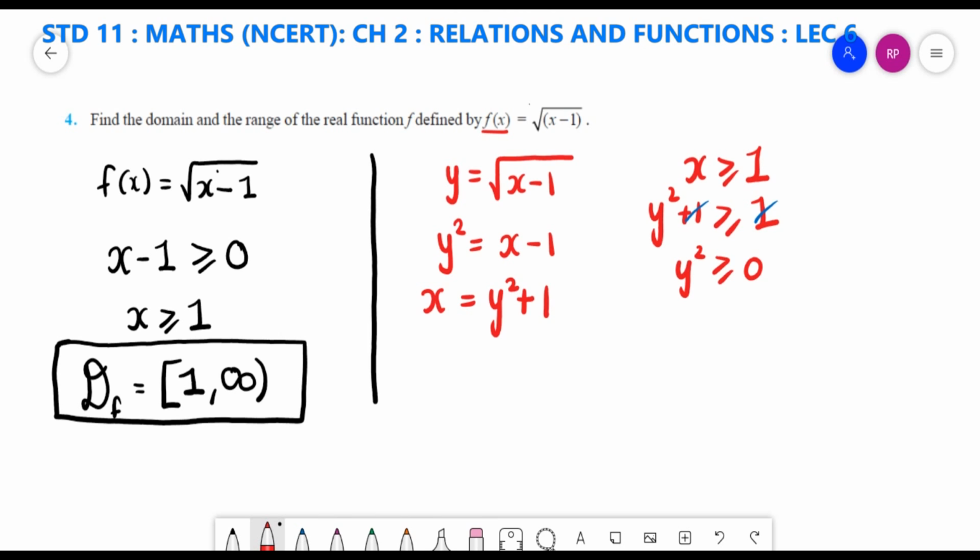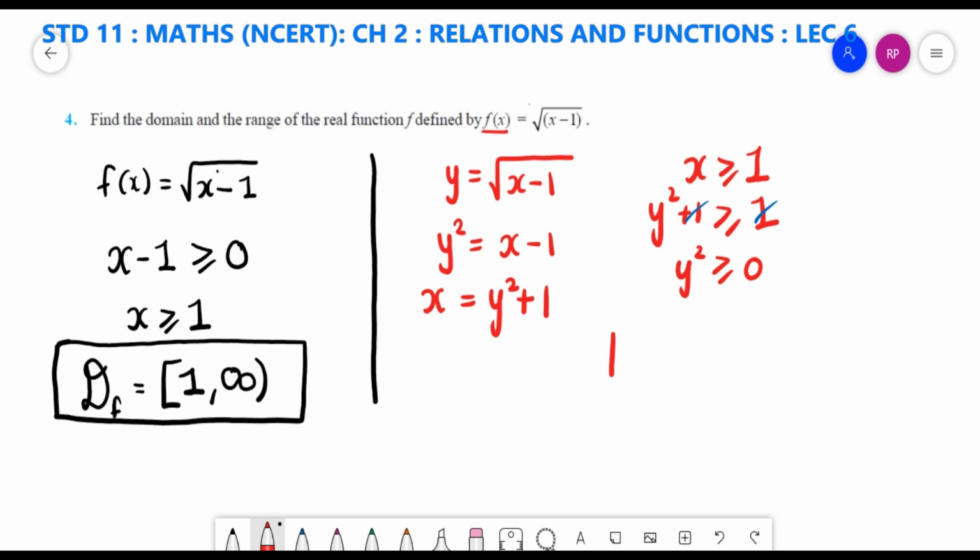Now we know that a square is always positive, or 0. So we can get any value of y; its square will always be greater than or equal to 0.